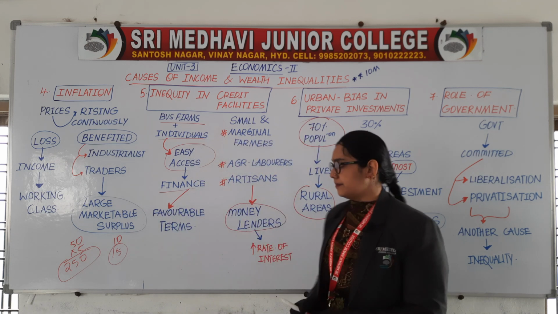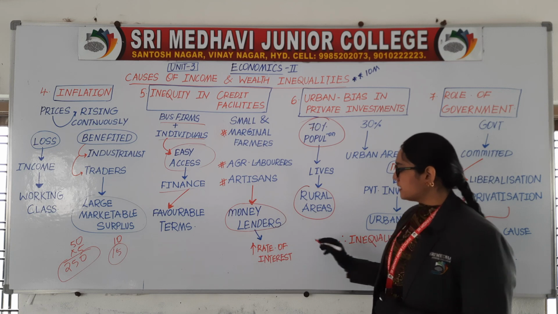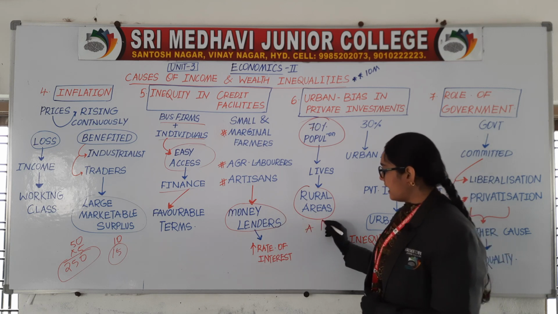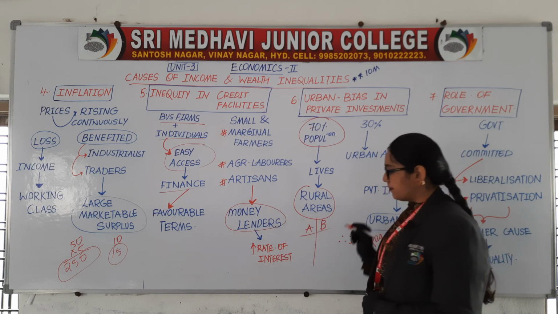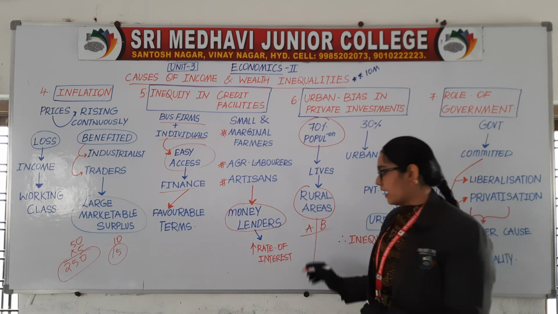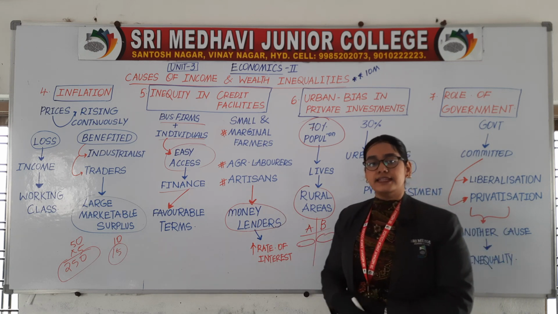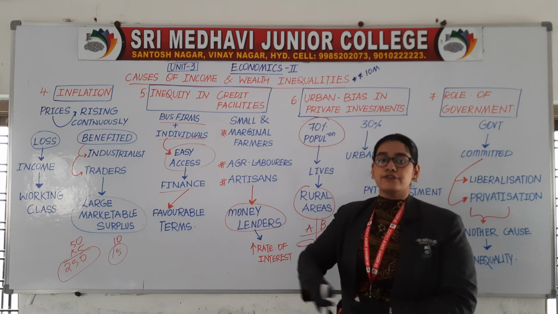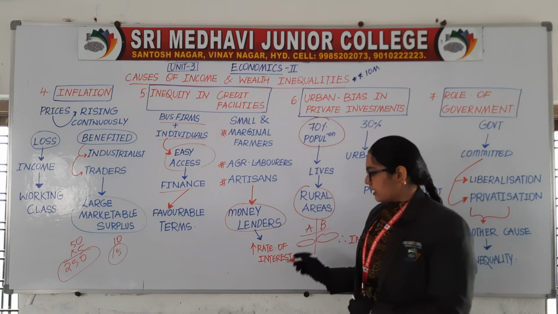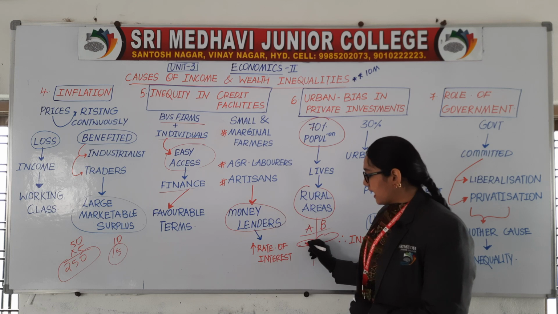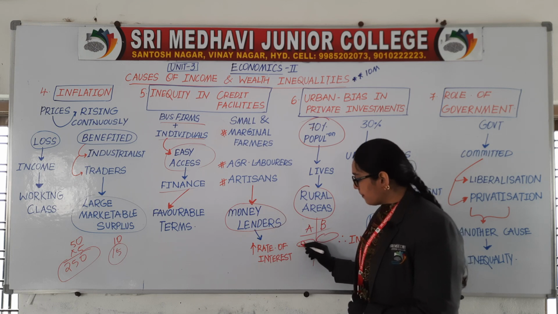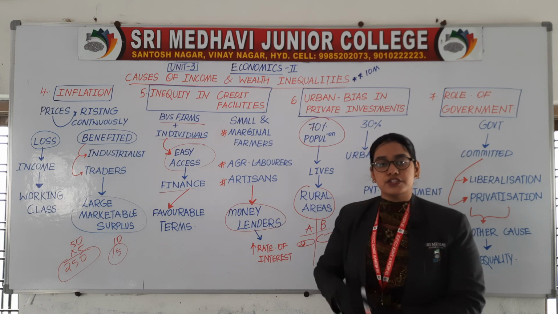For example, there are two persons, person A and person B. Okay, they are having plates with each other. They are having plates and I am serving food to them. For A, I am keeping less amount of food which is not sufficient.